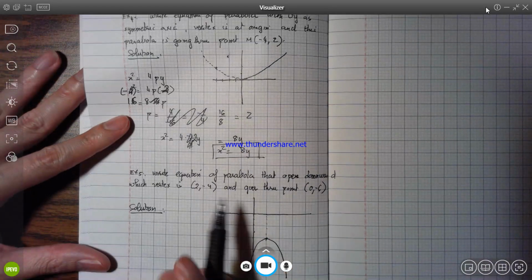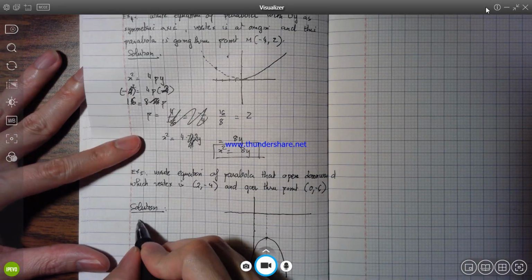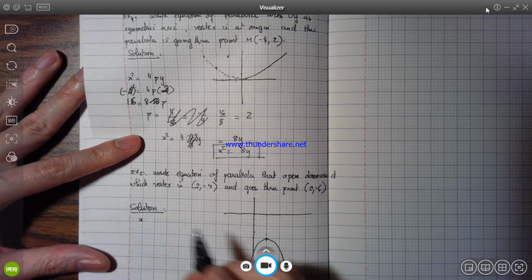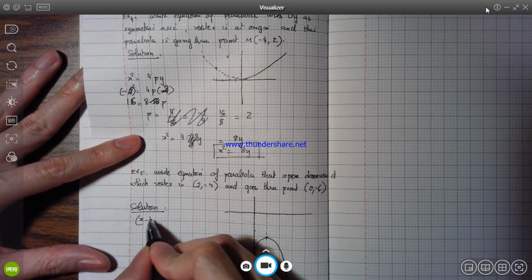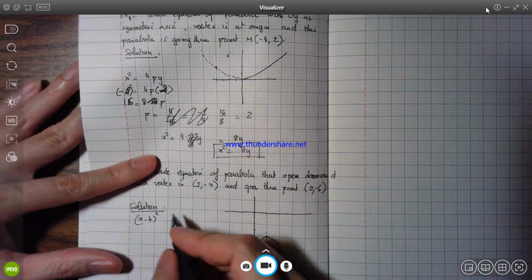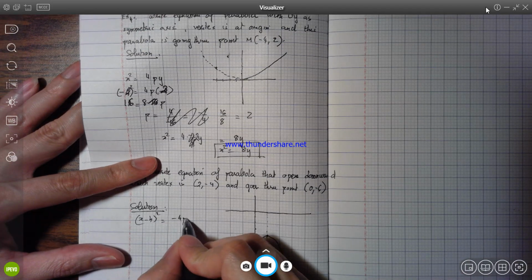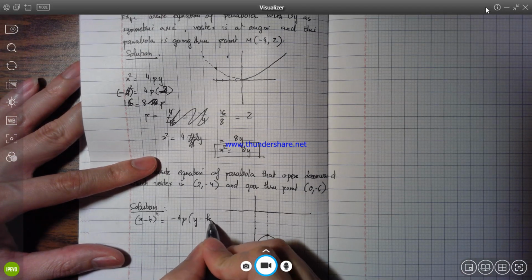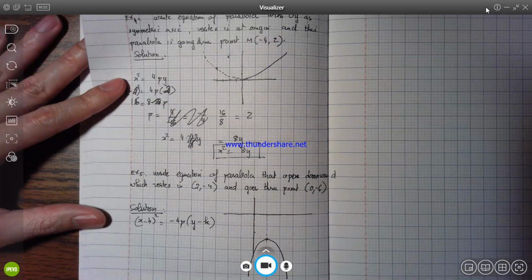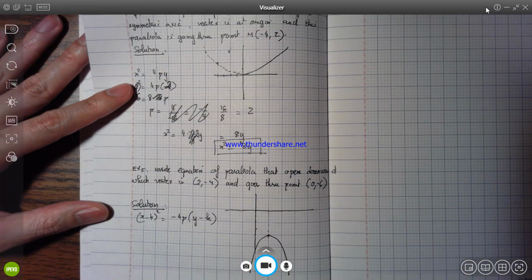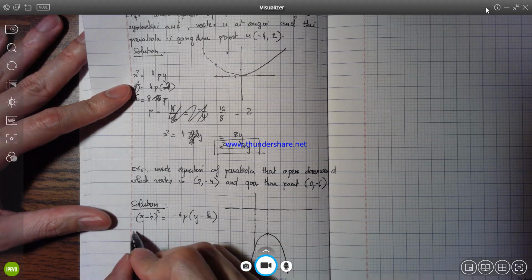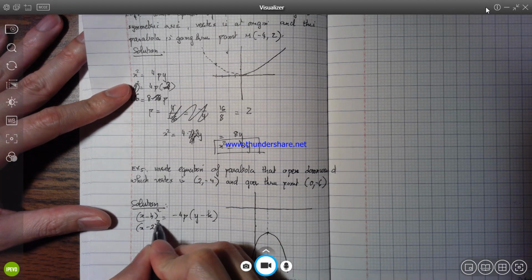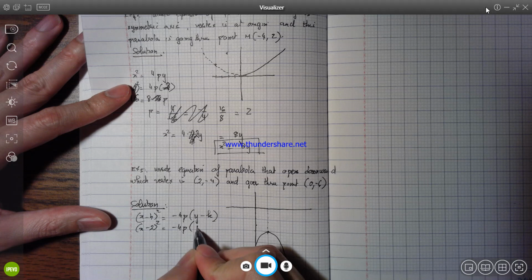The vertex is (2, -4), so let's write out the formula first. We have (x - h) squared equals -4p (y - k). With h and k being 2 and -4, we have (x - 2) squared equals -4p (y + 4).